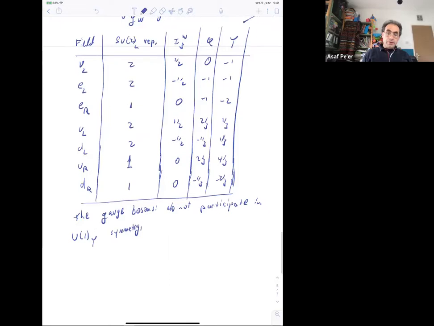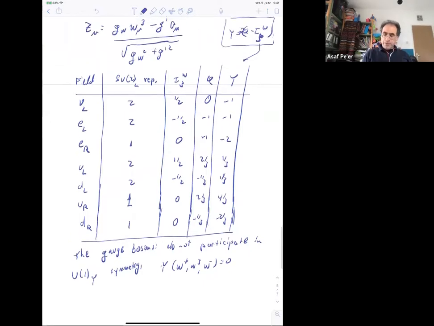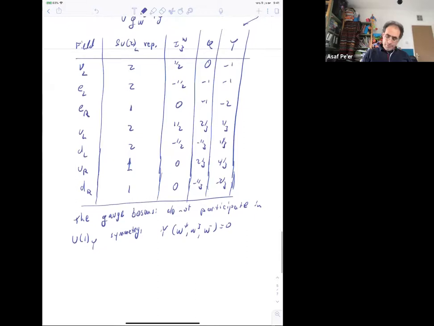And because they don't participate, it means that their hypercharge is just 0. Now we can still use Y is 2Q minus I3 weak, and we know their electromagnetic charge. So we can deduce that the I3 is going to be a +1, 0, and a -1.